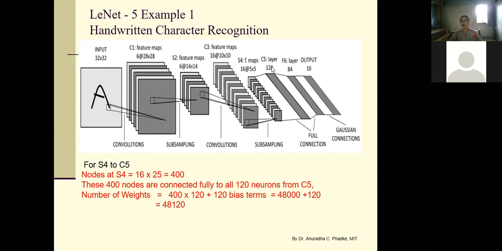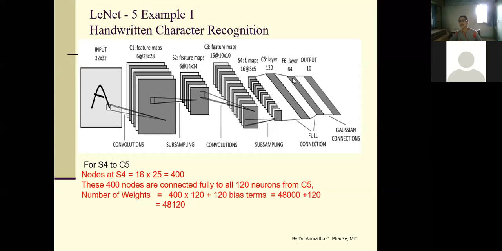Here the weight matrix size will be 120 by 84. If we have 3 nodes in one layer and 2 nodes in the next layer, we get 3 into 2, that is your weight matrix size, which is 6. So here you have 120 nodes in the source layer and 84 nodes in the destination layer, so the weight matrix size is 120 multiplied by 84.